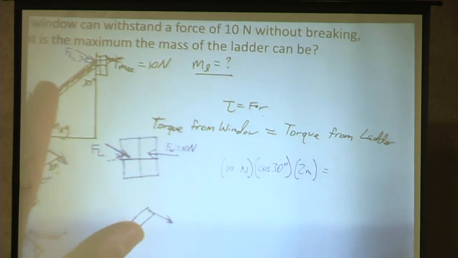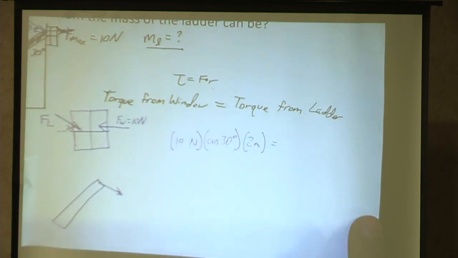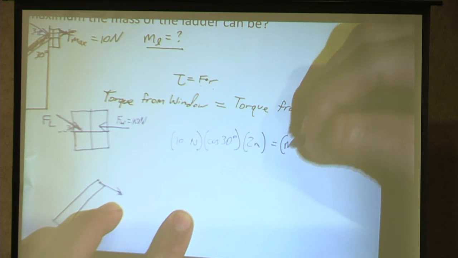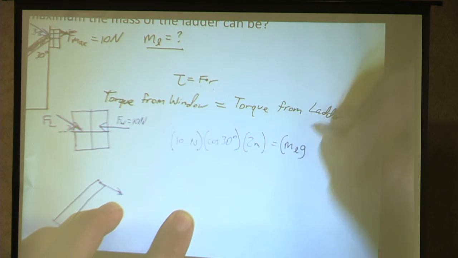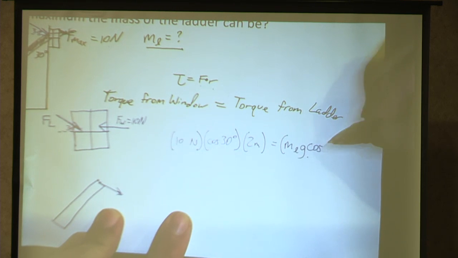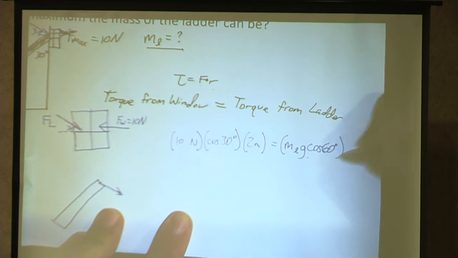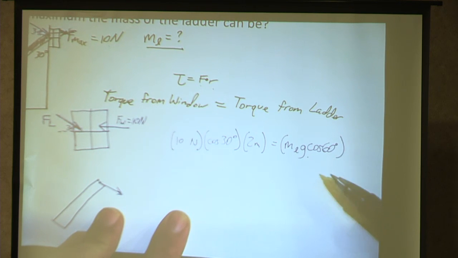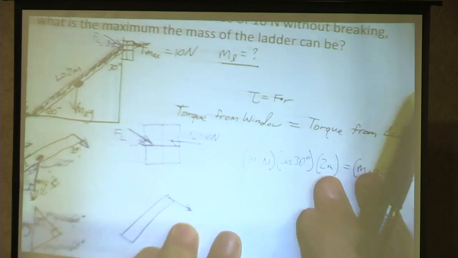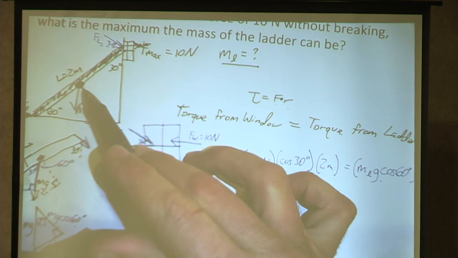So that will be mLg times the cosine of 60. And the force of the ladder is purely based on the weight. So what we were saying before, that weight occurs at the midway point of the ladder.